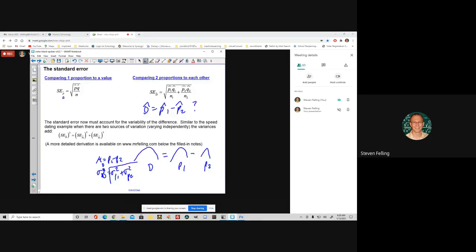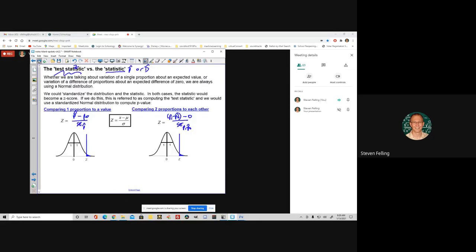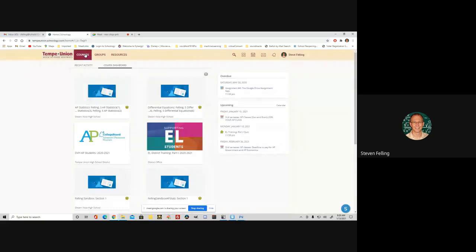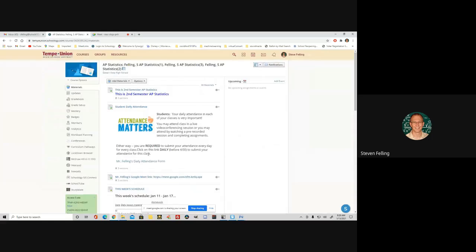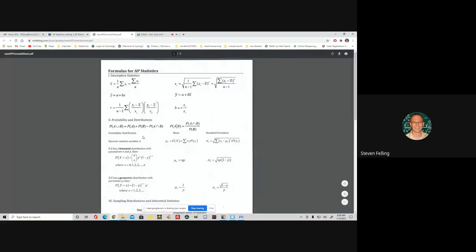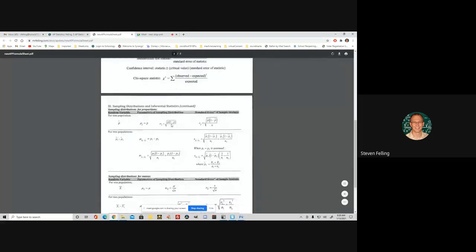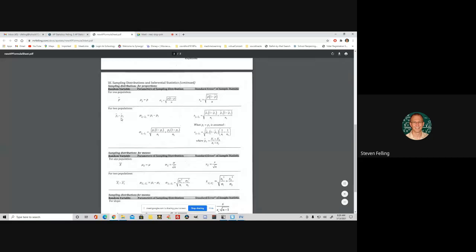When we do that, in fact, let's take a quick look at the formula sheet for AP Statistics. See if I have it handy here. Okay, so this is the official formula sheet. If you look for proportions, it'll say for two populations. So in one population, we have the standard deviation here, and the standard error, S, is the square root of p hat q hat over n.